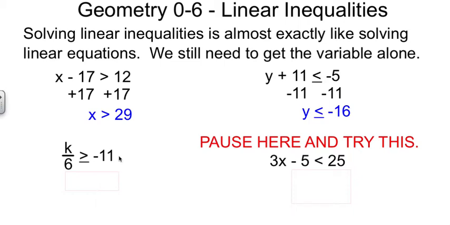Suppose we have a division case. k over 6 is greater than or equal to negative 11. Well, we need to multiply both sides by 6, so k is greater than or equal to negative 66.